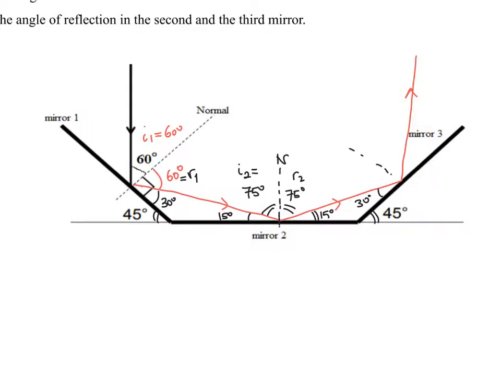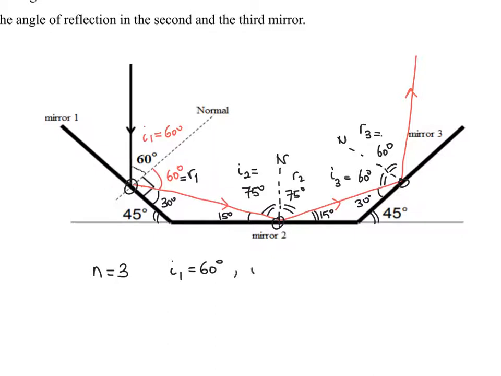Draw a normal. So this will be 60, which is the angle of incidence at mirror 3. So this will also be 60, the angle of reflection of mirror 3. So you see that we have 1, 2, 3 reflections. The angle of incidence I1 is equal to 60.